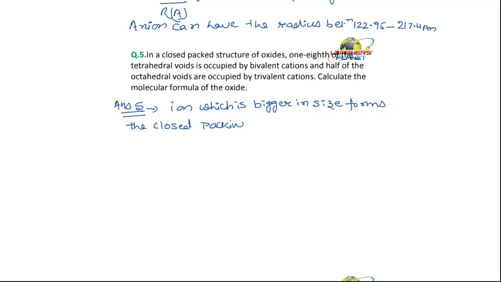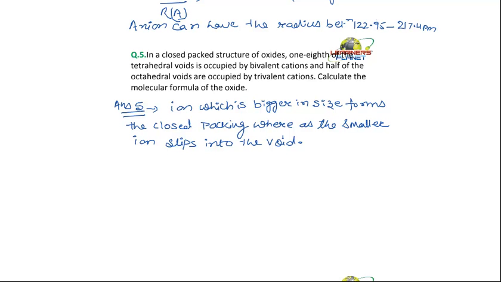Whereas the smaller ion slips into the void. So the bigger ion is forming the closed packing, whereas the smaller ion slips into the void, right? Now, of anion and cation, which is the bigger one?